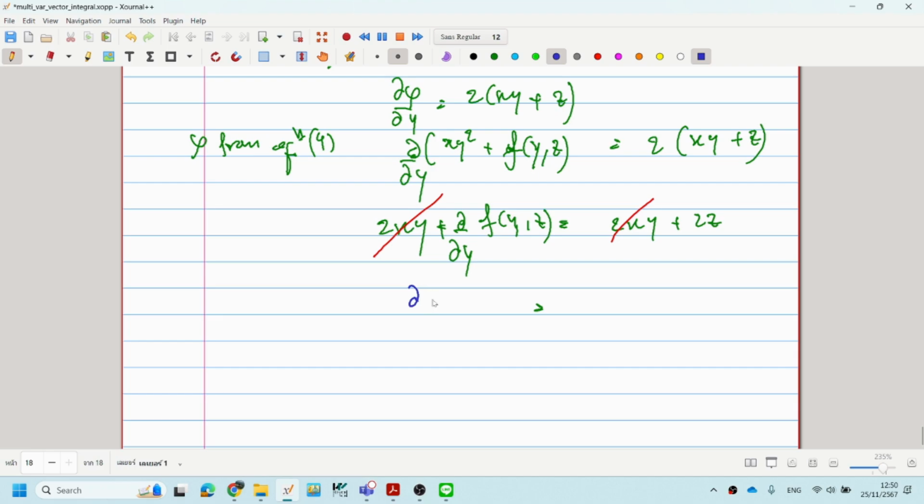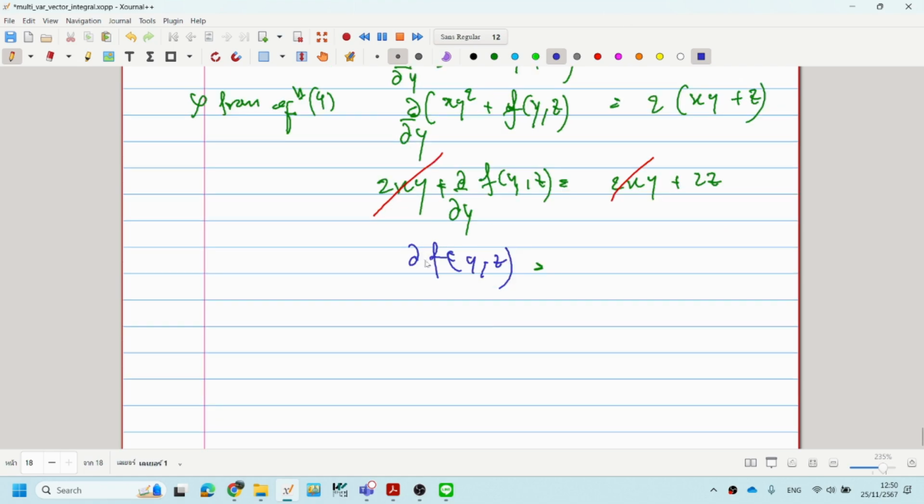Curve f y, sorry, y c, right, and 2z, right, curve y, take it equal both sides.